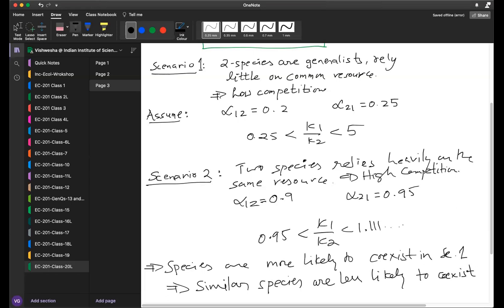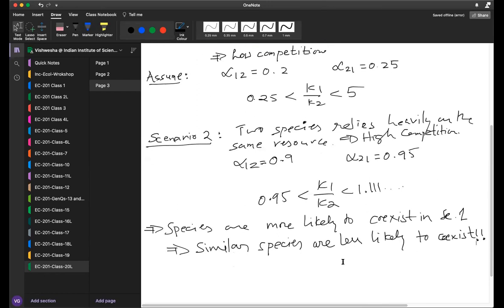It seems a bit counterintuitive, by the way. I'm not saying the same species, I'm not saying the identical type of species, okay? But similar species are less likely to coexist, okay? And this is also basically called competitive exclusion principle, okay?